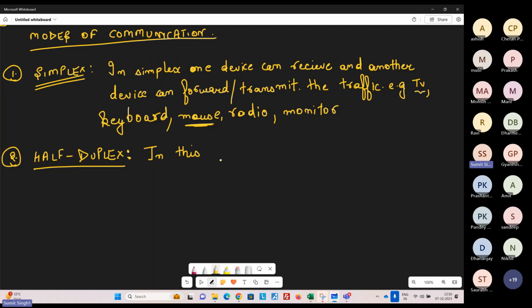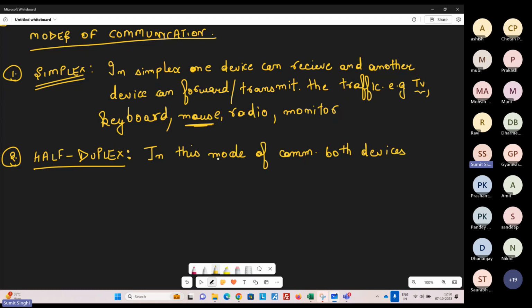In simplex, one device was receiving and one was sending.